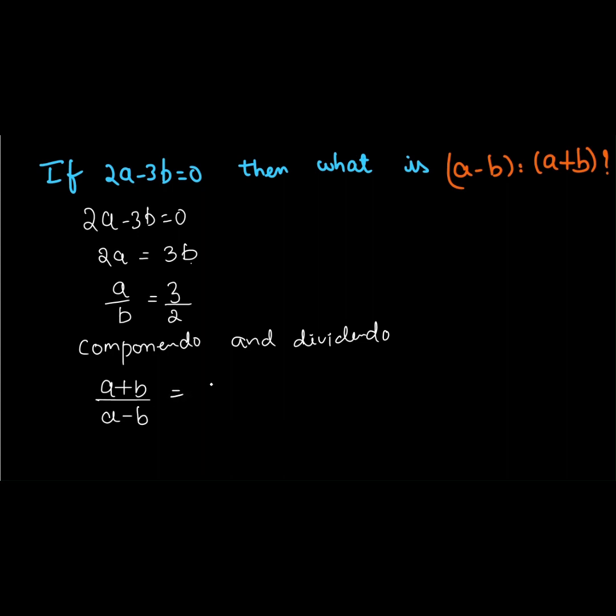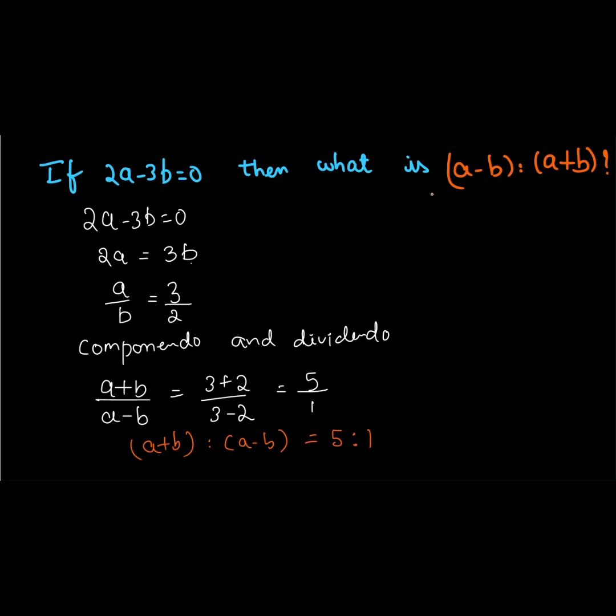In the same way, we add the numerator and denominator on the other side as well, 3 plus 2 and 3 minus 2. So it's nothing but 5 over 1. So we got a plus b is to a minus b equals 5 is to 1.